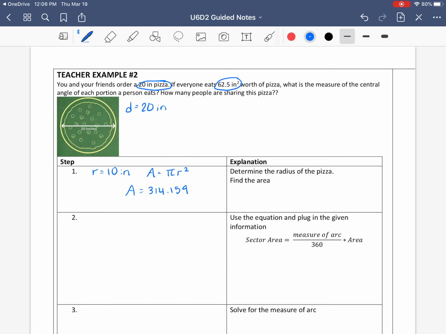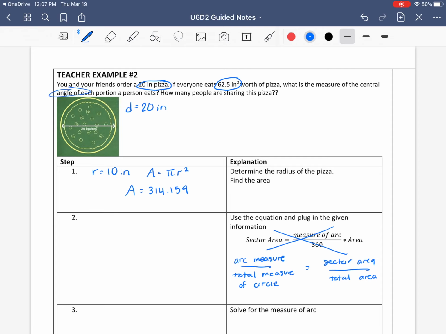So in order to find the central angle, we can use our proportion. And I'm actually going to cross this one out here and use the one that we were working on before. And we can fill in all the pertinent information.